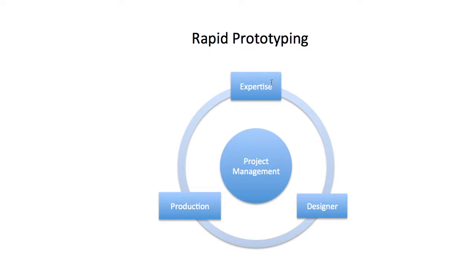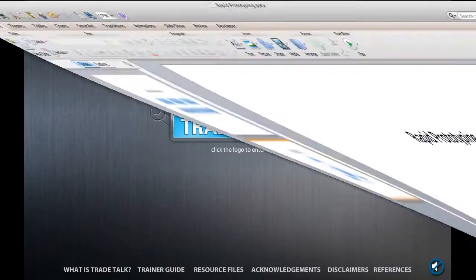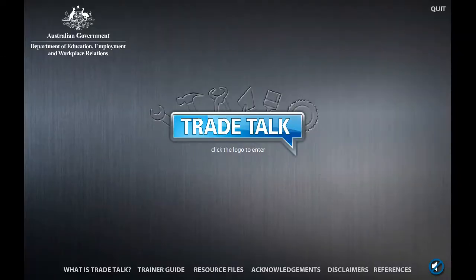I'll talk later on through the project about the advantages of that, but it was also really good for the project manager, because some ideas that were too large to produce could be headed off at the pass. So we stay within budget, within timelines, a lot more effectively. So that's just a bit on rapid prototyping.